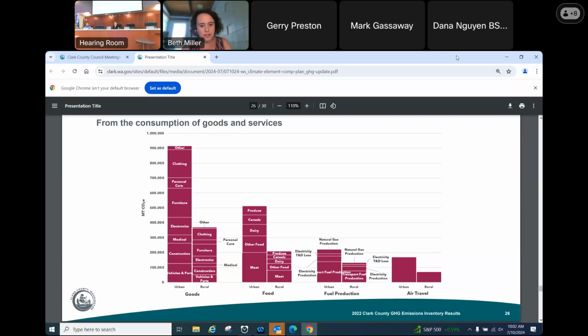That's how the food and goods are estimated. Fuel production is estimated based on the fuel used, both electricity, natural gas, and vehicle fuels, so everything it takes to make those fuels upstream. And then again, air travel is based on income.